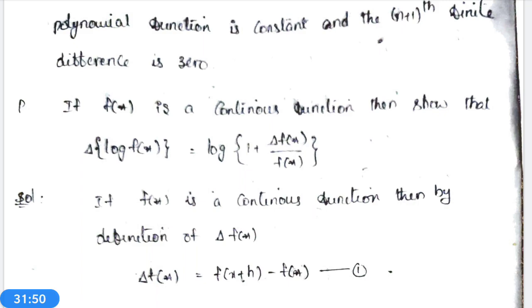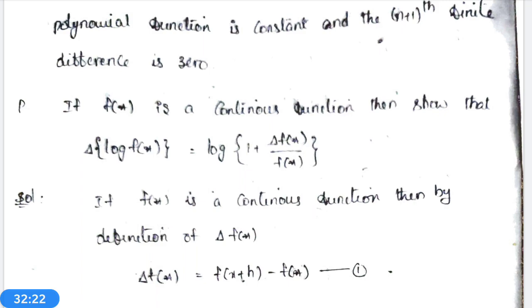Once again, if f(x) is a continuous function of x, if f(x) is not continuous, we have no right to use delta on f(x). So, if f(x) is a continuous function of x, then show that delta log f(x) is equal to log of 1 plus delta f(x) by f(x). So, this is the result that we need to prove.